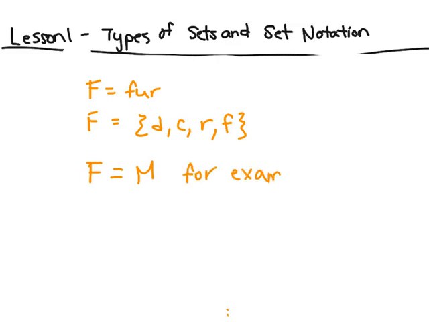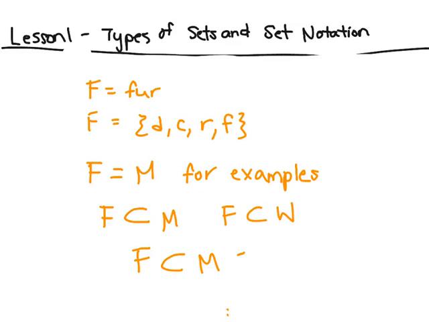But if we were to consider all mammals in the world, not all mammals have fur. So it's not always an equal set. It would be a subset. So F could also be called a subset of M. F would be a subset of W, so we could write F is a subset of M, which is a subset of W, which is a subset of all the animals. So there's our subset.